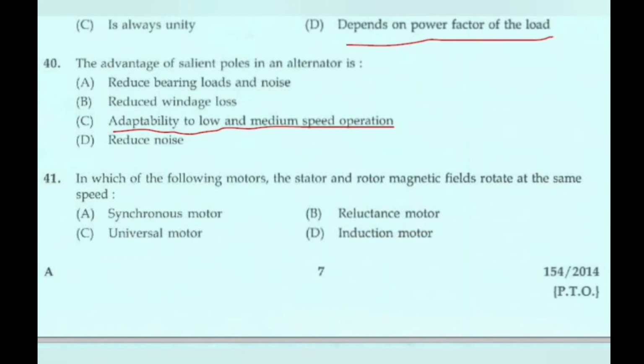Question number 41. In which of the following motors do the stator and rotor magnetic fields rotate at the same speed? Answer is option A, synchronous motor.